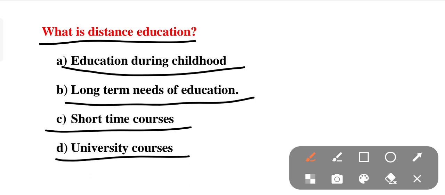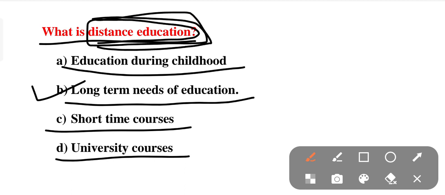So the right one is option B. Distance education is when we want to learn something from a college or university, and it does not depend on the age of the person. It is a continuous, long term need of education. Some courses have a particular age limit, but distance education courses don't need any age or time limit. That is distance education.